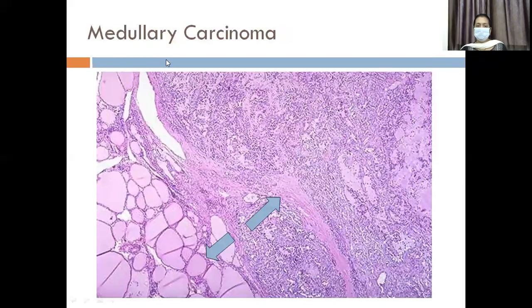So here we have this medullary carcinoma. This is a normal thyroid gland, and here you see there is fibrosis and numerous cells arranged in an embryonal, trabecular pattern, and you can see this amyloid-like structure. You can differentiate this neoplastic component from the normal thyroid component.